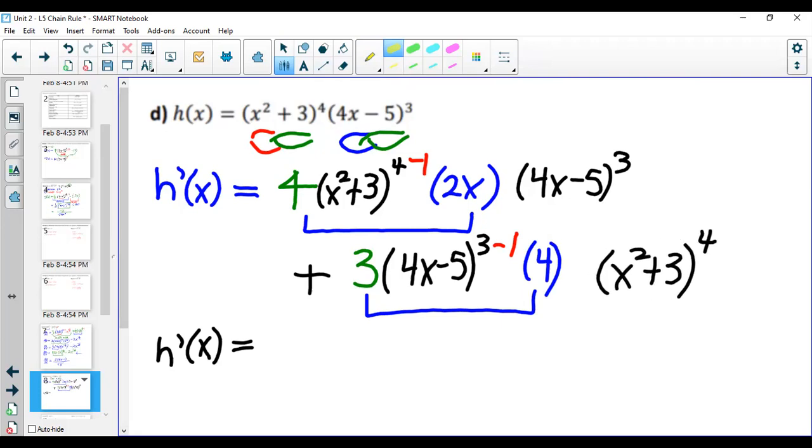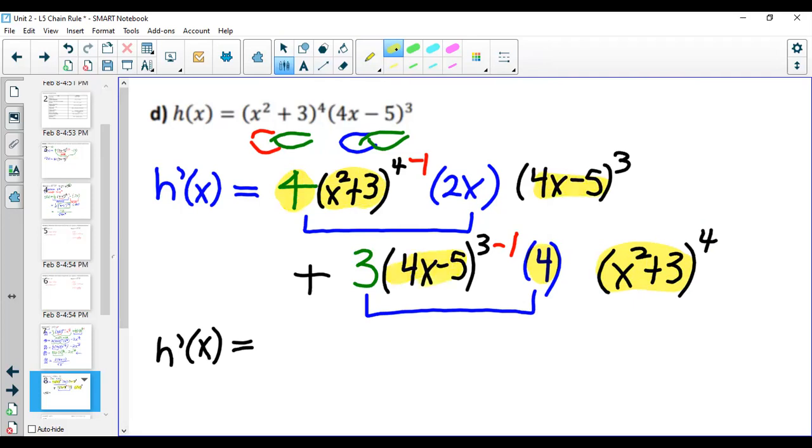Notice we have an x squared plus 3, forget the power, but we have an x squared plus 3 that is common. We also have a power of 4 that is common. And we have a 4x minus 5 that is common.